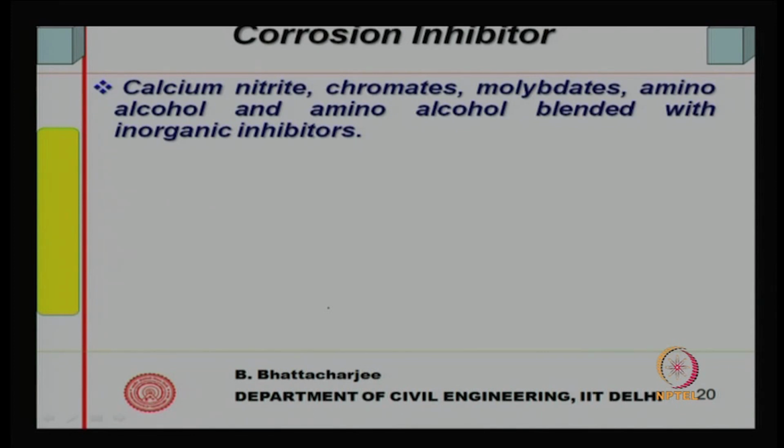How do they do it? They actually can block anodic or cathodic reactions. Examples of these are nitrite, calcium nitrite, chromates, molybdates, amino alcohol and blends with inorganic inhibitors.